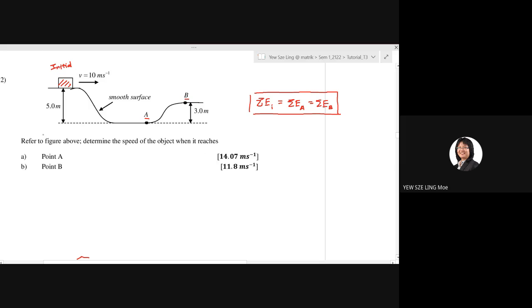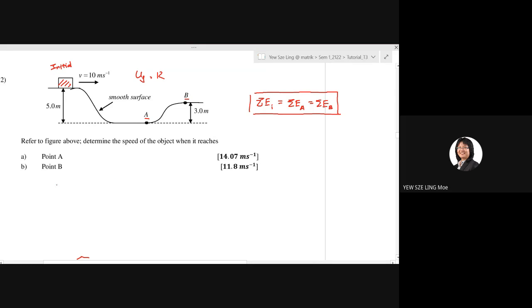Let's see how we are going to solve point A. If you look at the question, there's no spring. It only involves motion and change in position. Therefore, again, we look at what happens to UG and also K. No spring, no US.